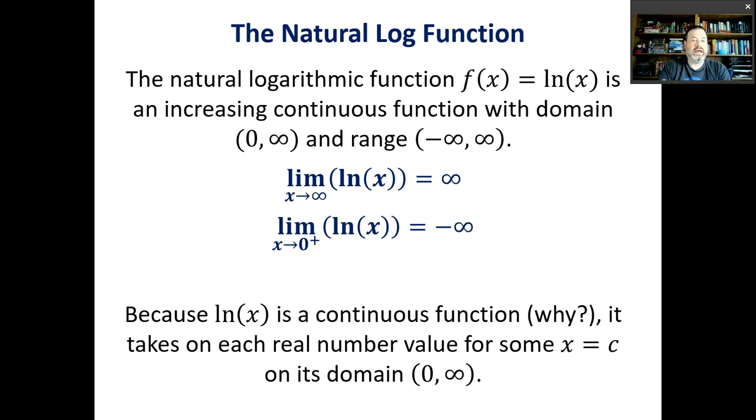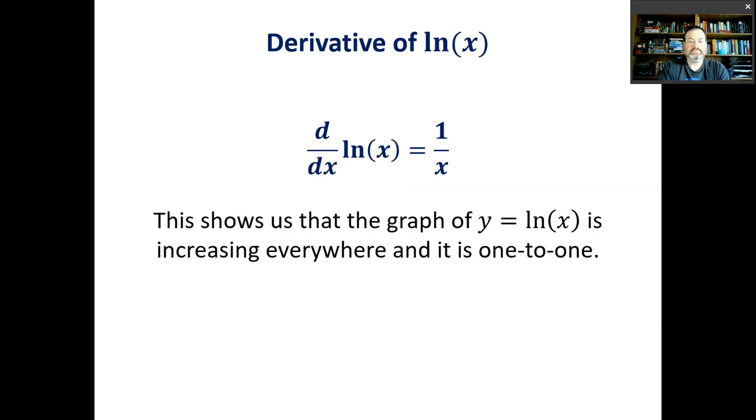So ln of x is continuous. It takes on each real number value for some x equals c on its domain, right? So think about it, right? It's continuous. So every number in its domain has to have some x value that gives you that number back. Could be more than one. So what we do is we know the derivative of natural log x is 1 over x. That was given earlier.